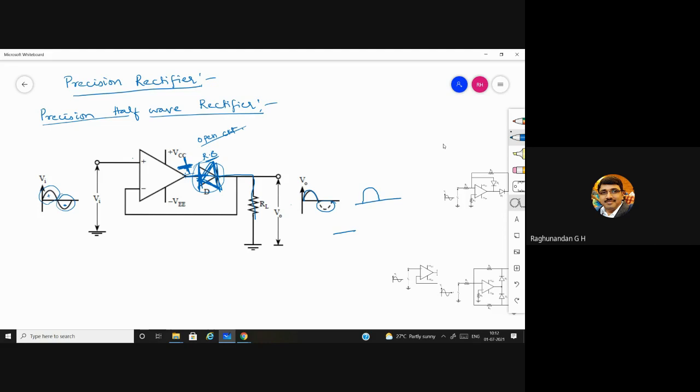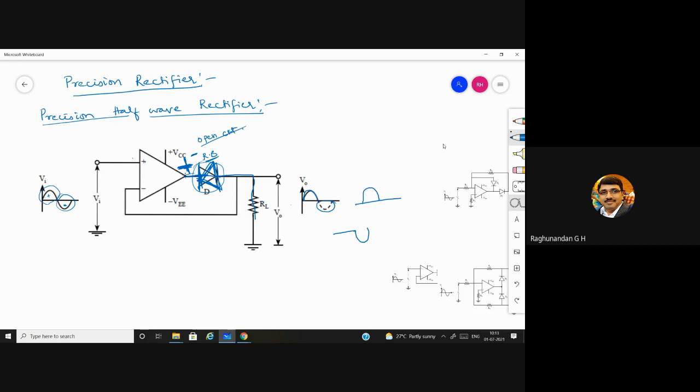Whenever you give the negative half cycle, the output will also be negative. So when negative voltage is given to the negative terminal of the diode, automatically the diode gets forward biased. Because of that, we get that portion at the output. So the negative part will be rectified at the output and the positive part will be 0.